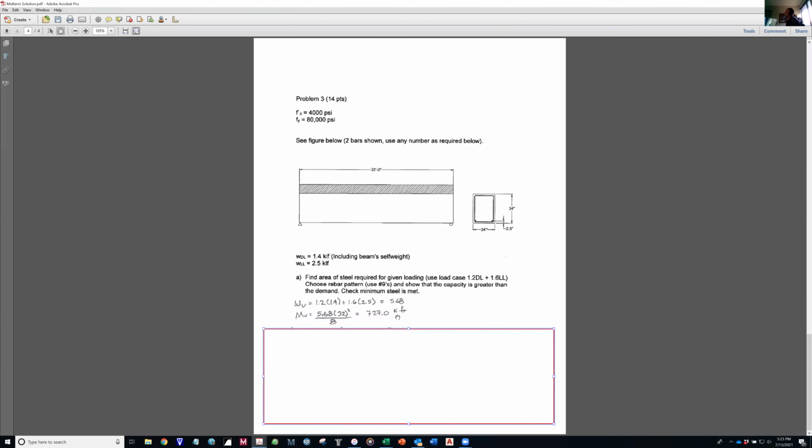So the moment is wL squared over 8, 727.0 kip feet. If by any chance you did not remember that equation, you could simply use your principles of statics, find your reactions, find your maximum moment almost as quickly. It's a pretty simple case. So this is the design moment I was looking for, 727.0 kip feet.